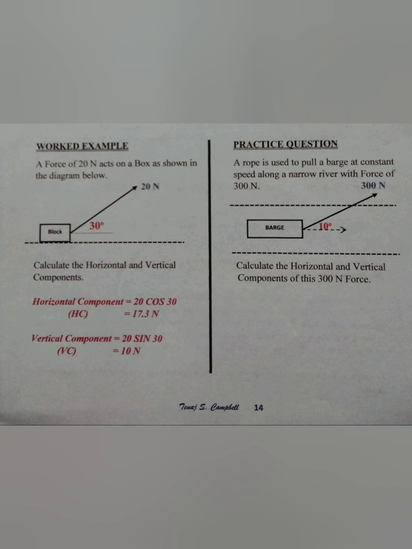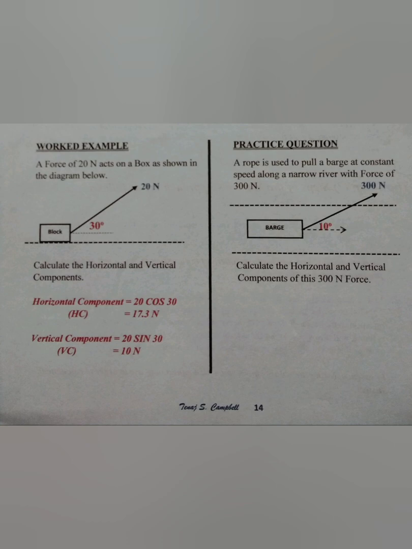Now, cos was used for the horizontal component because the angle theta was between that horizontal component and the vector, while sine was used for the vertical component because the angle theta was not between the vertical component and the vector.